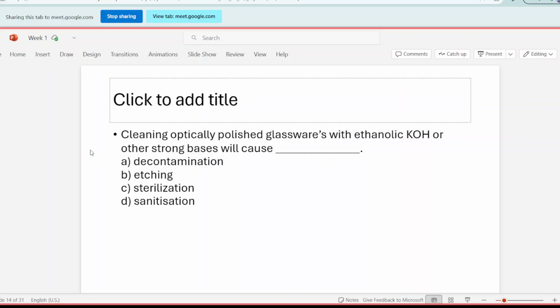Right. The next question is, cleaning optically polished glasswares with ethanolic KOH or other strong bases will cause which of the following? Decontamination, etching, sterilization, or sanitization. You can think about this question for a couple of minutes and then answer this.